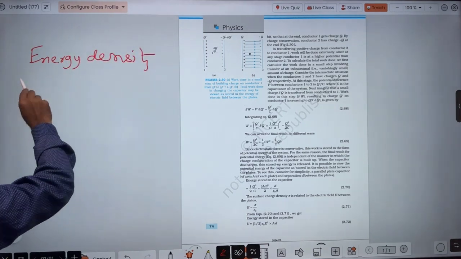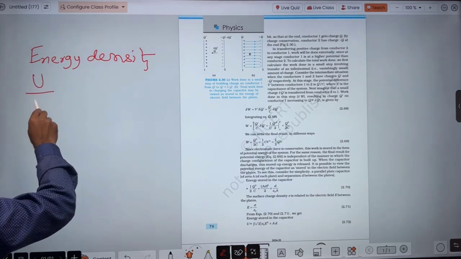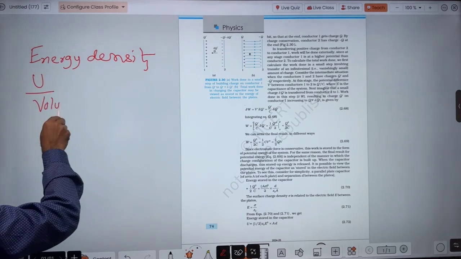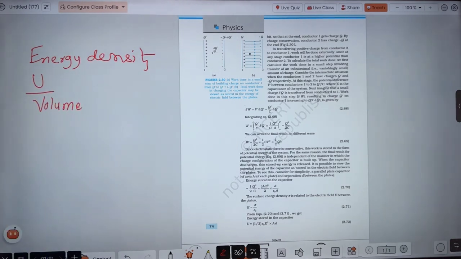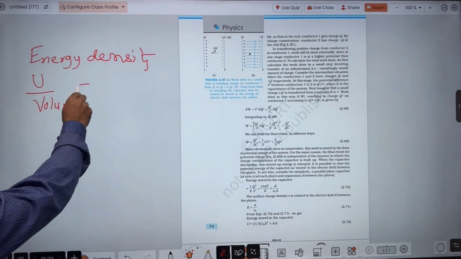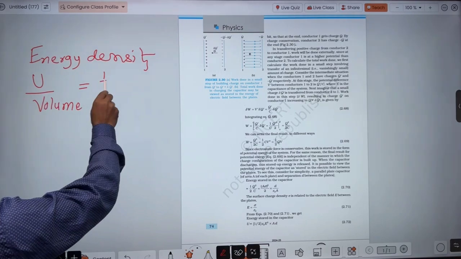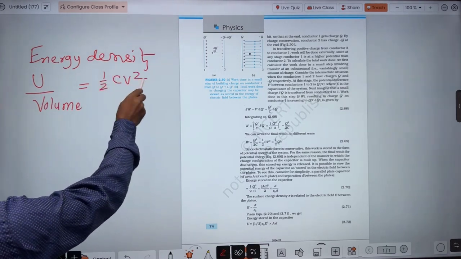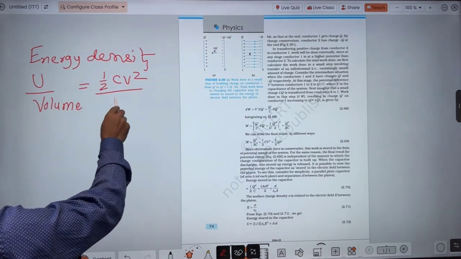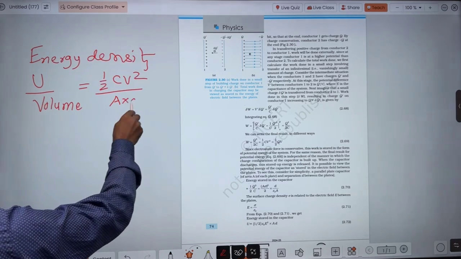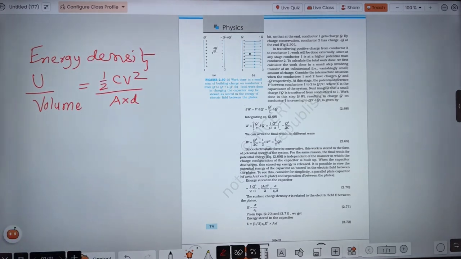Energy density is potential energy per unit of volume. That is potential energy, which is half CV square, divided by volume, which is area into separation between the plates.